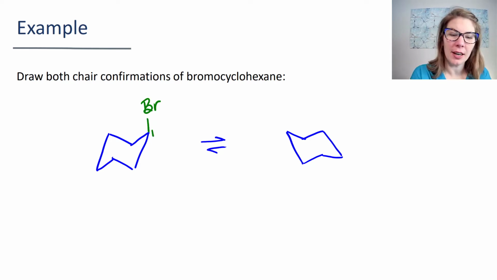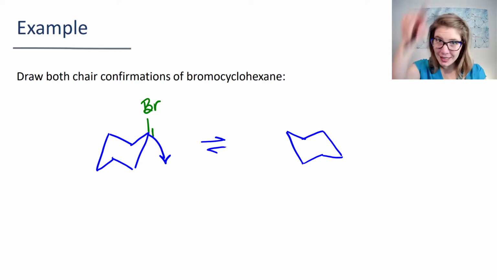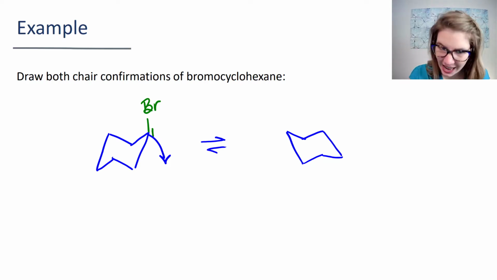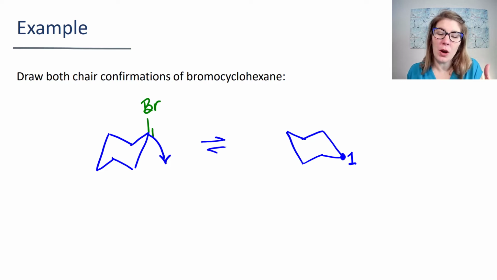If we call this carbon number 1, when we pull this carbon down, where I'm pointing my arrow, that is carbon number 1 now. So maybe that's one way that you can remember where that carbon is going to be: you draw the arrow and where the arrow is pointing on your next chair, that is your same carbon.